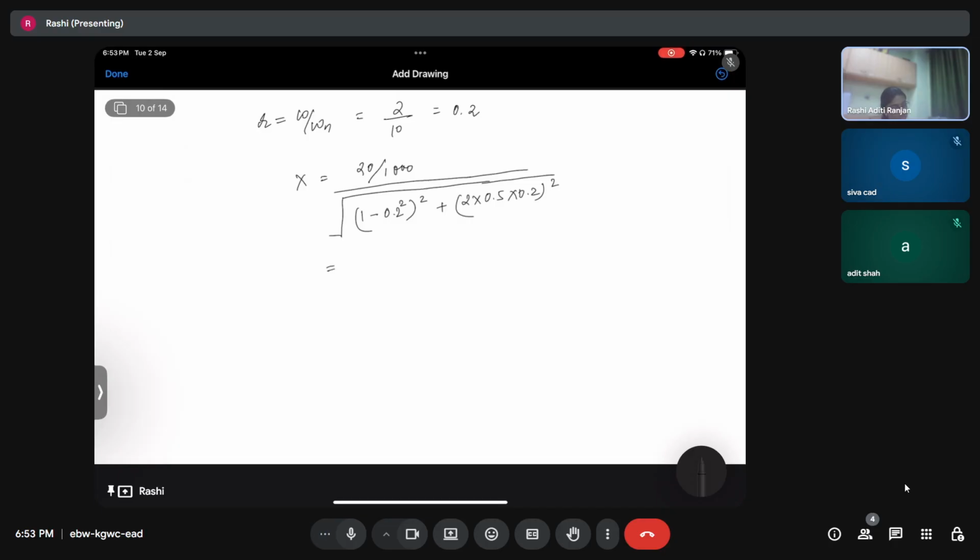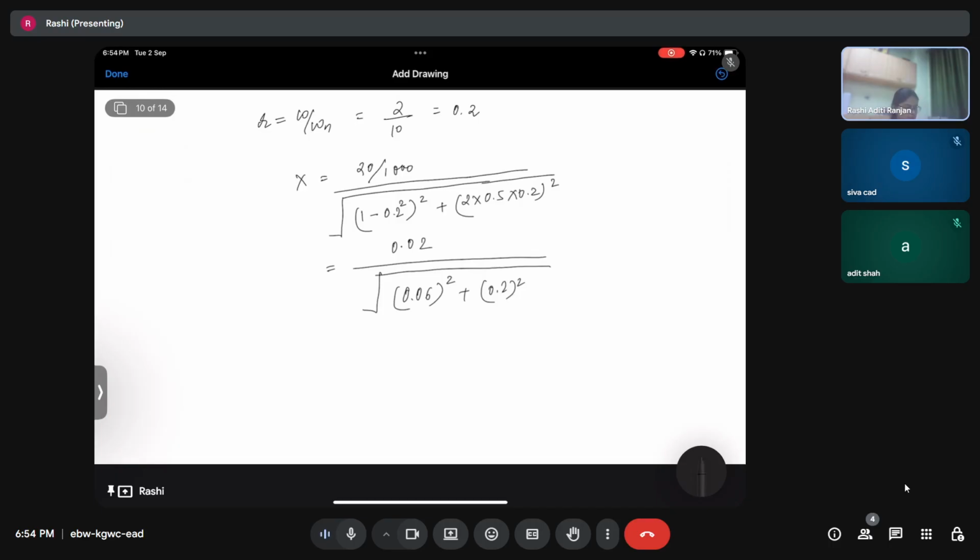This will come out as 0.02 divided by, here we'll have 1 minus 0.04, which is going to be 0.96 whole square plus 2 into 0.5, which is 1, into 0.2, 0.2 square.